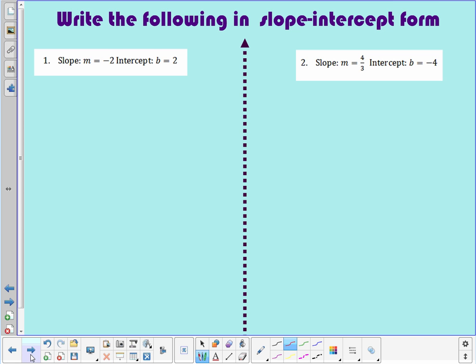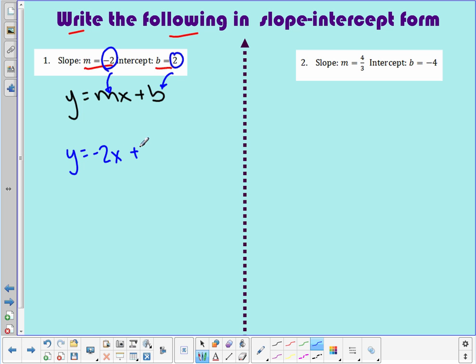Let's take a look at number 1. Number 1 is very basic. Write the equation in slope-intercept form. We're given the slope and the y-intercept. If slope-intercept form looks like this, that means that this -2 goes in for my slope, this +2 goes in for my y-intercept, which gives me y equals -2x plus 2.